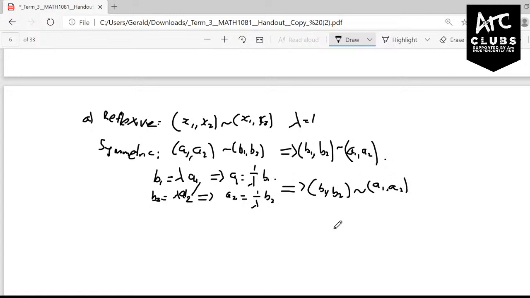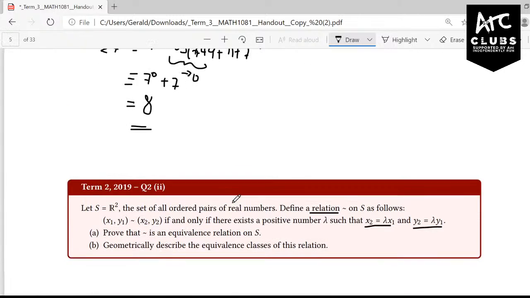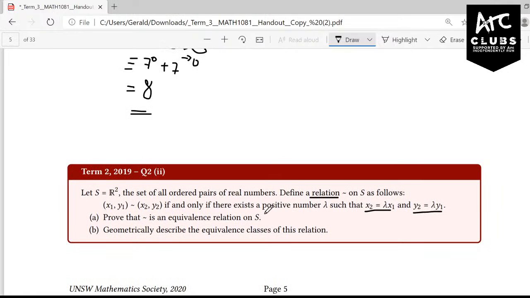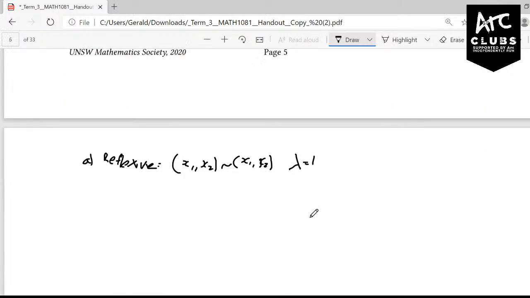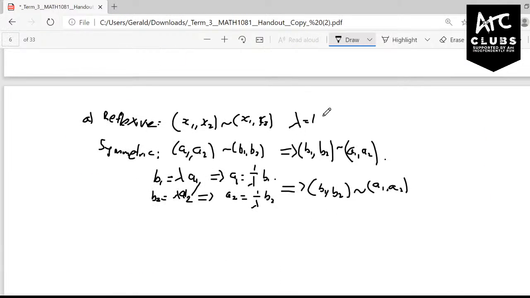Because remember that we only require lambda to be a positive number. So if lambda is positive, then 1 over lambda must also be positive. And so doing this will allow us to prove that it is symmetric.